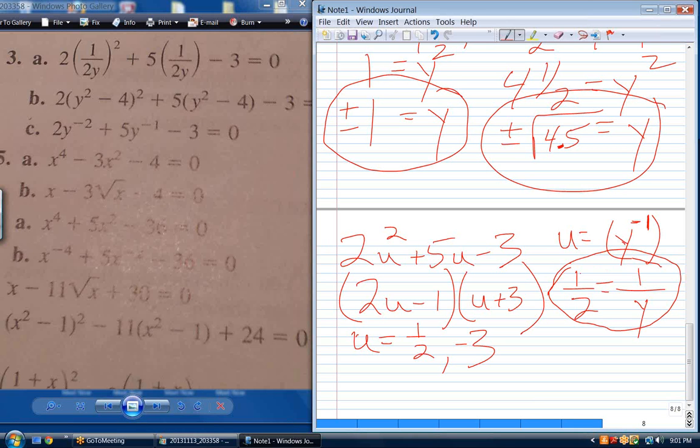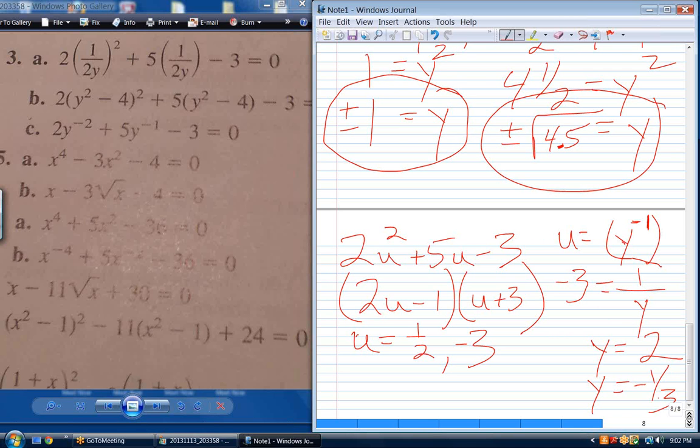The numerators are equal, so the denominators have to be equal. So y equals 2. And then the other solution would be minus 3 equals 1 over y. Y equals negative 1/3.